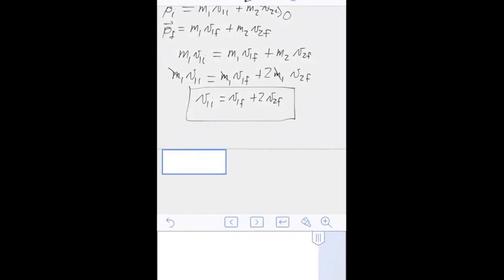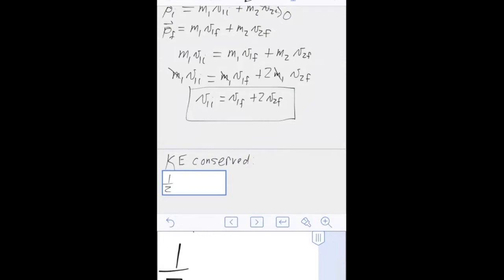Now, because it's an elastic collision, we will also have kinetic energy conserved. So we can just write that out.